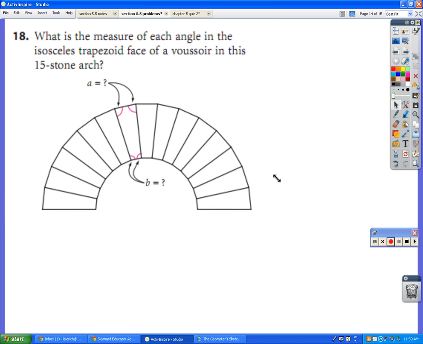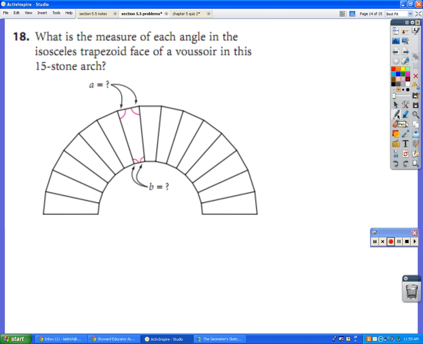Number 18 says, what is the measure of each angle in the isosceles trapezoid face of a voussoir in this 15-stone arch?